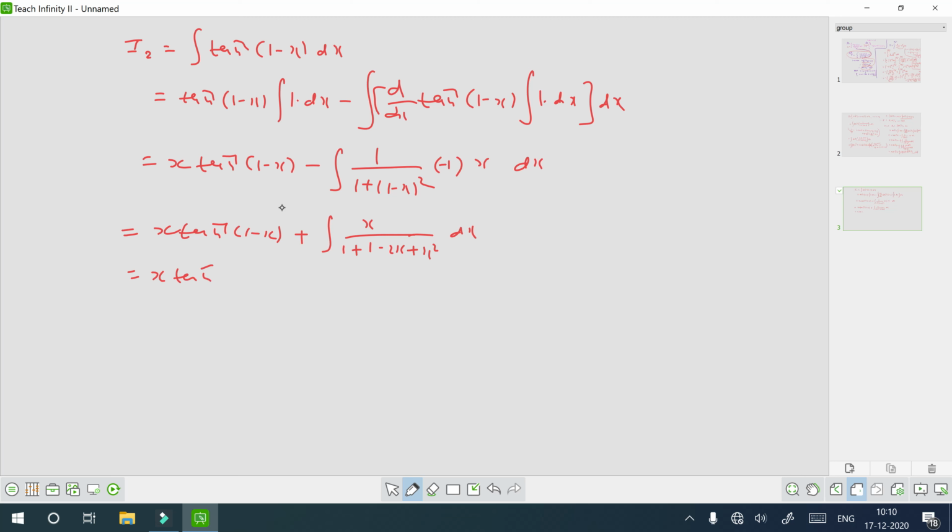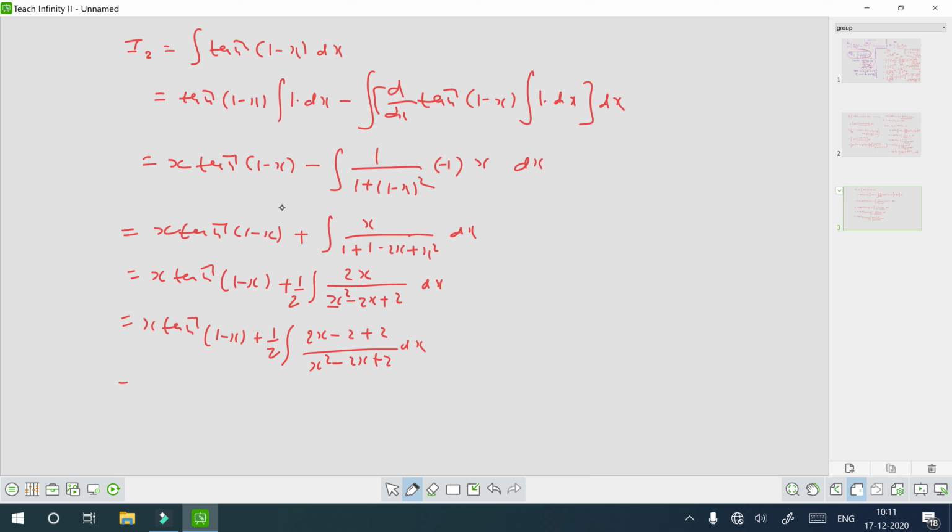That is equal to x tan inverse 1 minus x plus integral x over x square minus 2x plus 2 into dx. x is there. So to arrange the derivative, we have to multiply and divide by 2. Here I am multiplying and dividing by 2. So x tan inverse 1 minus x plus 1 by 2, what is the derivative of x square minus 2x plus 2? That is 2x minus 2. Can I write here 2x minus 2 plus 2 over x square minus 2x plus 2 into dx?